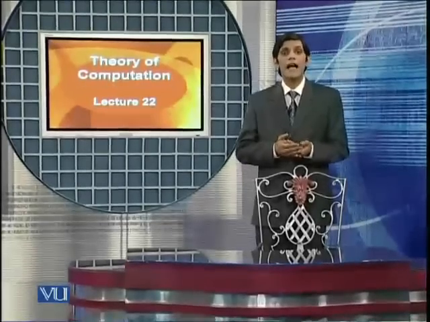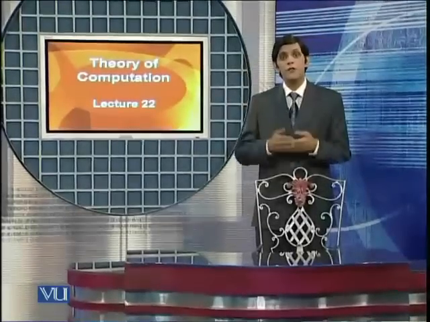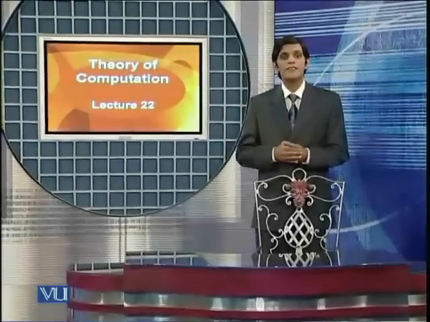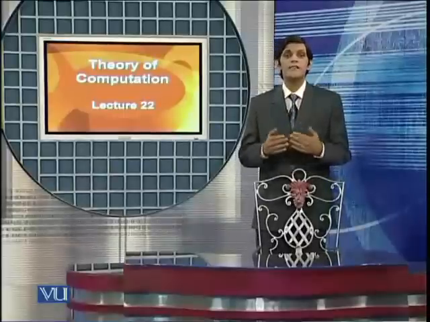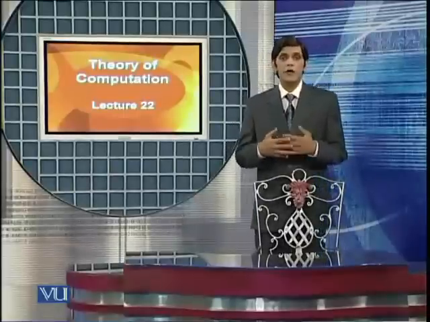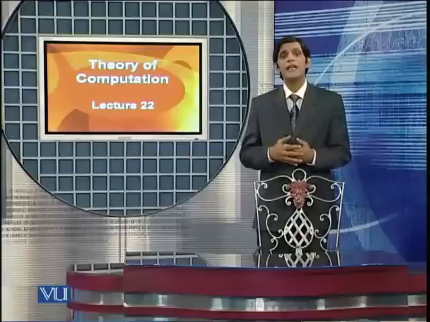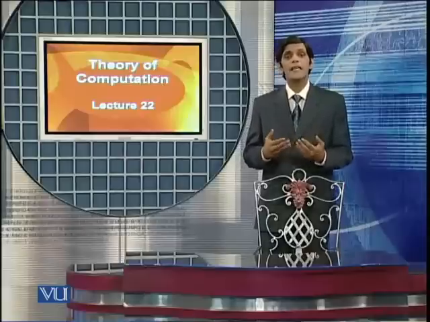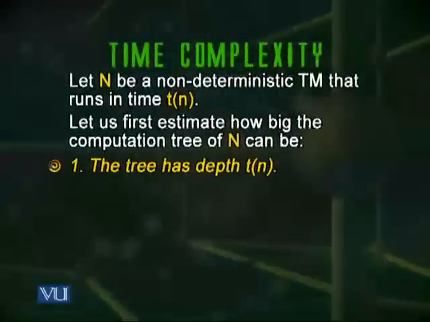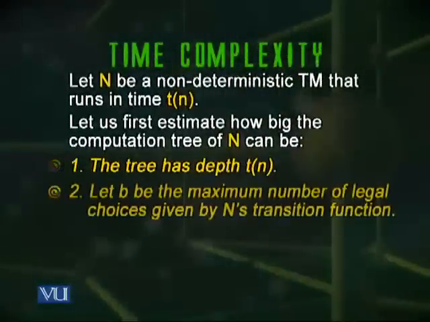Another estimate we have is on the depth of this tree. We know that the Turing machine runs in time t of n, so that the depth of this tree is at most t of n. From this, we can actually get an upper bound on how many nodes can be in this tree. Let's do that. This tree has depth t of n. B is the maximum number of legal choices given by N's transition function.